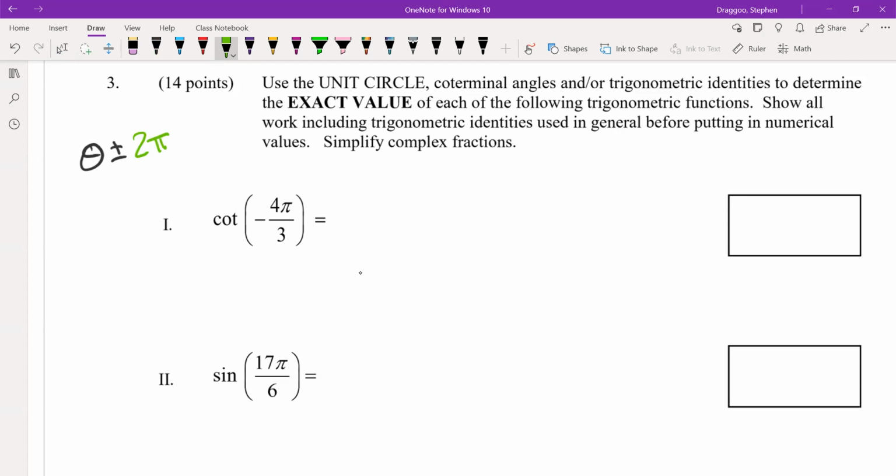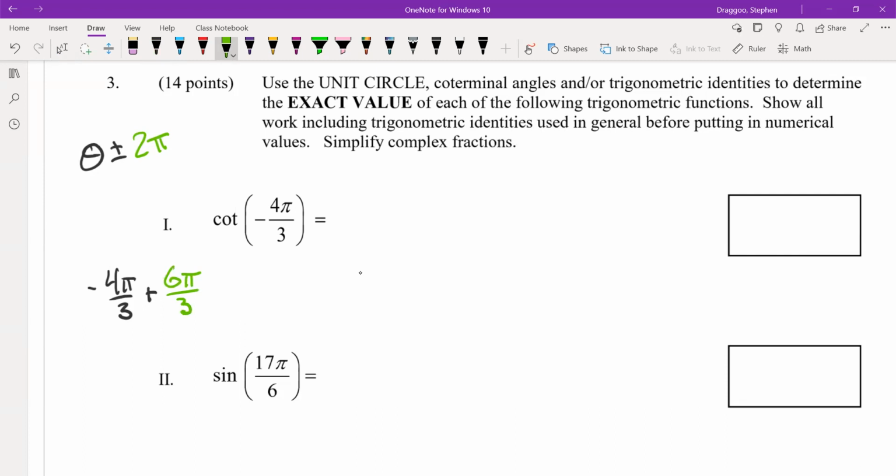So if I wanted to find the cotangent of negative 4 pi over 3, I'll take negative 4 pi over 3, and I'm going to add 2 pi to that number. It's currently a negative angle. I want to get it back to a positive angle, hopefully one that I recognize from the unit circle. So I'll add 2 pi, which is the same as 6 pi over 3.